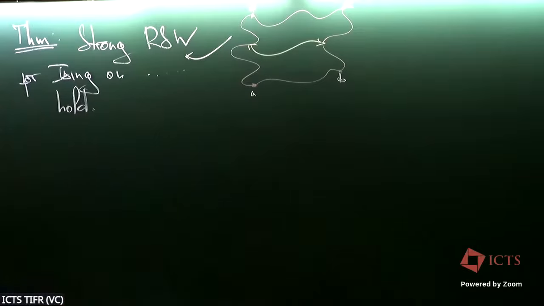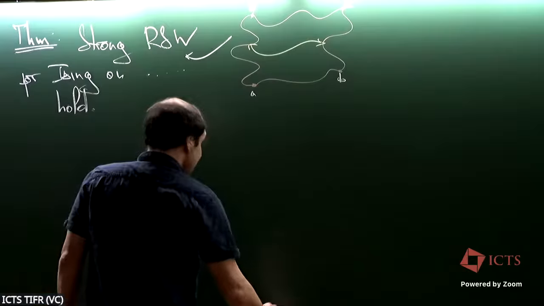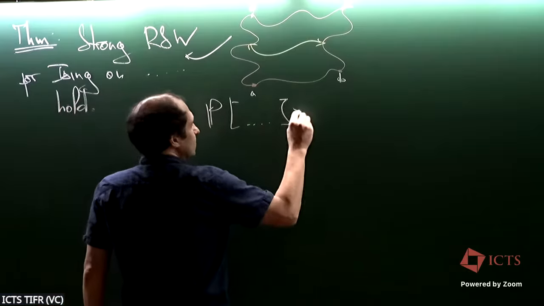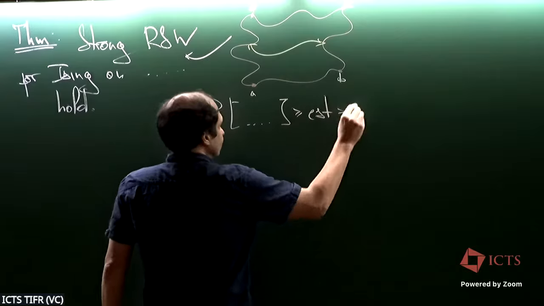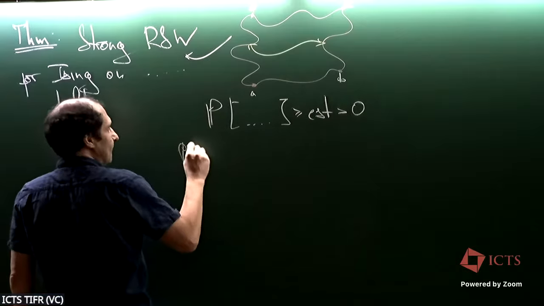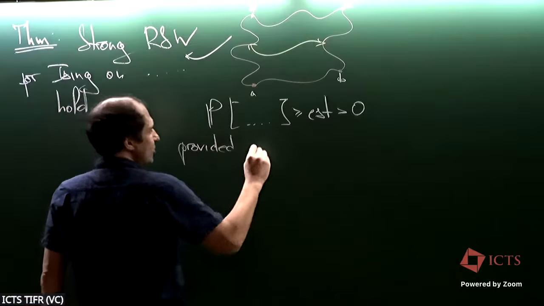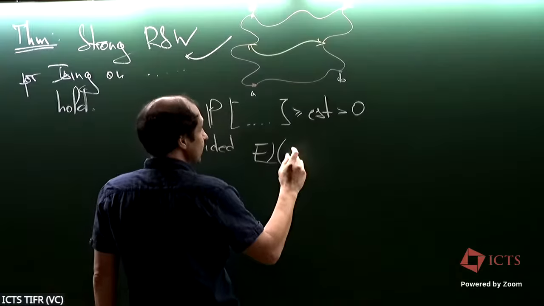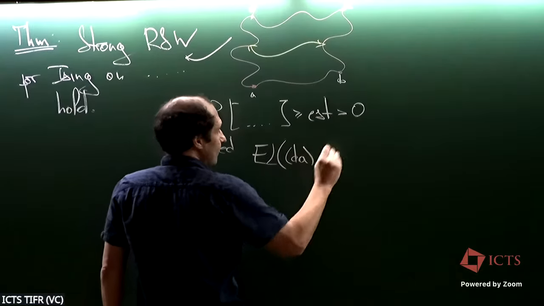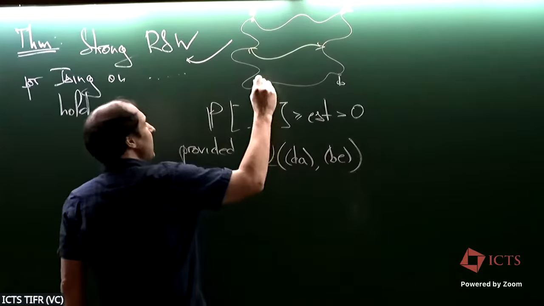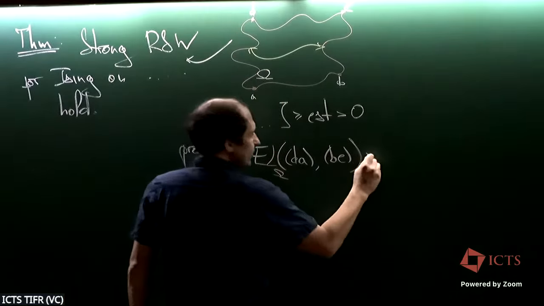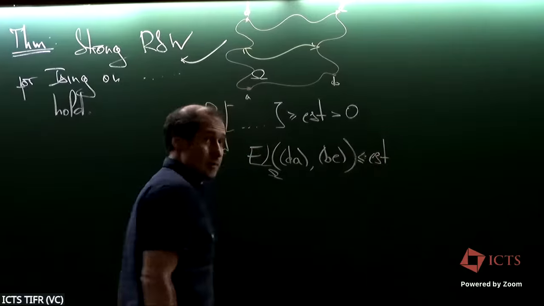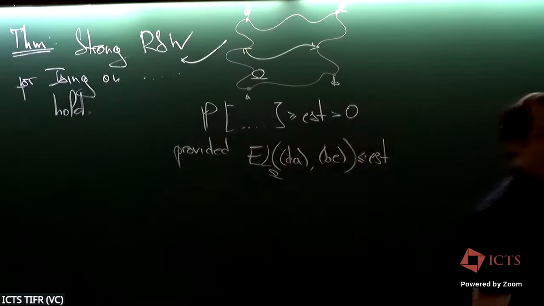And I want the probability of such crossings to be uniformly bounded from below, provided that the extremal length between the two arcs, which are AB and CD in this domain, is bounded from above, provided they're not far away from each other.